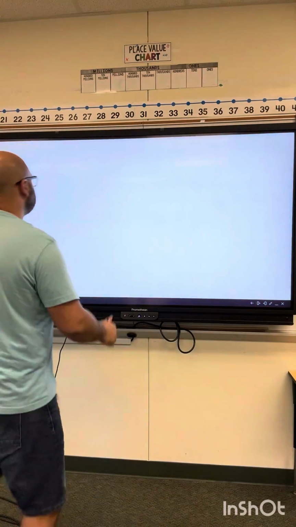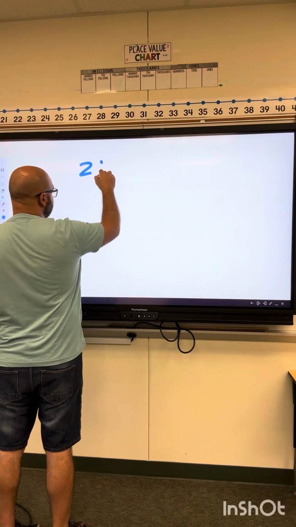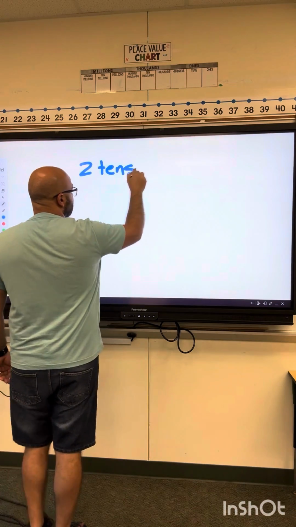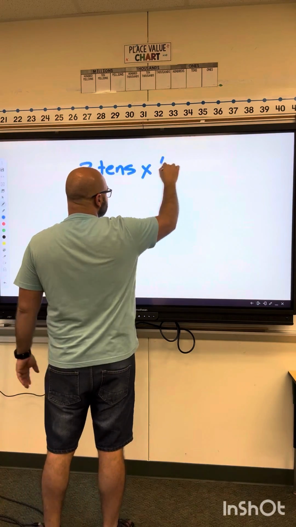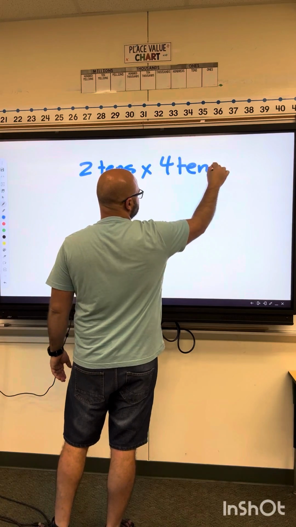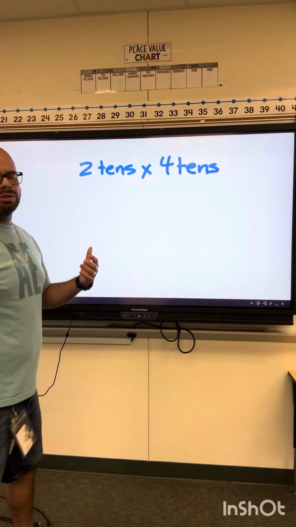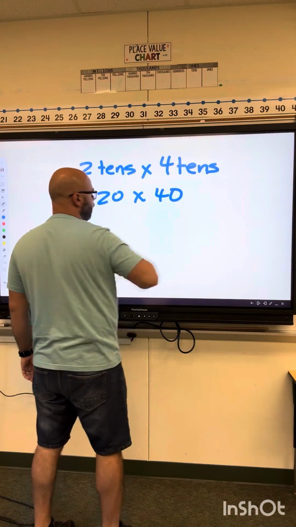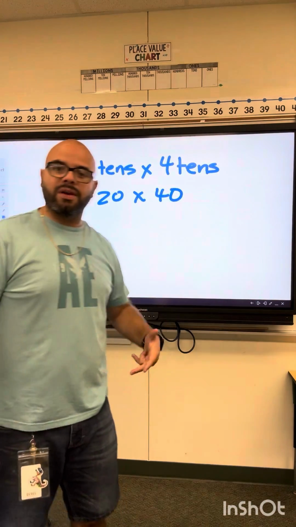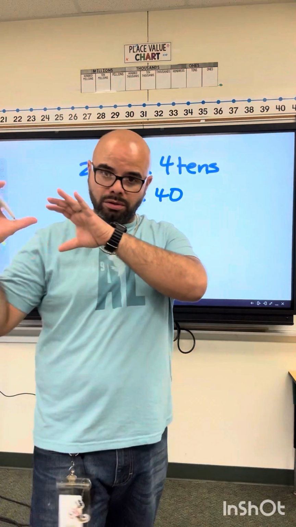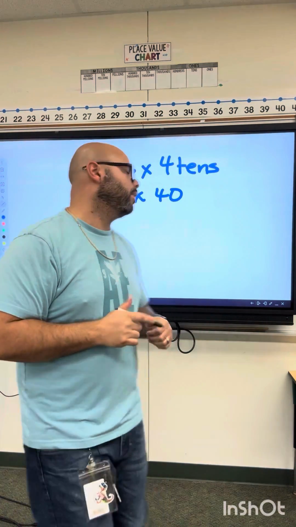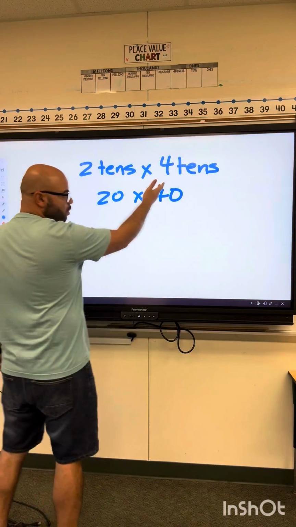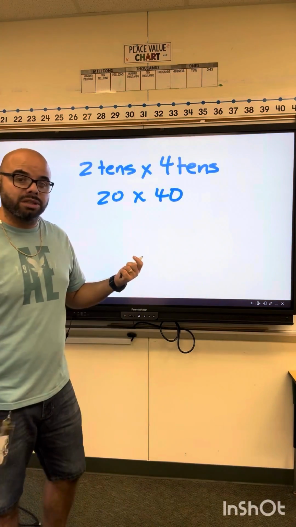So you would see, for example, 2 tens times 4 tens, and this is 20 times 40. This is using your place value and then putting the place value's name next to the number. This is one way of writing it, and they are going to see it on the test.